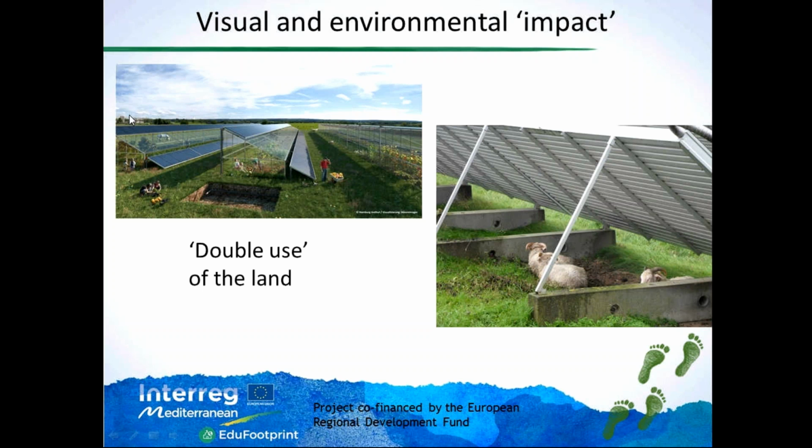While on the left you see a rendering, so it's not a real plant, but you see that you have alternate, let's say, rows of solar collectors and also of greenhouses. So you see that putting solar collectors, either solar thermal or photovoltaic, on some land doesn't mean that this land is lost for agricultural use.